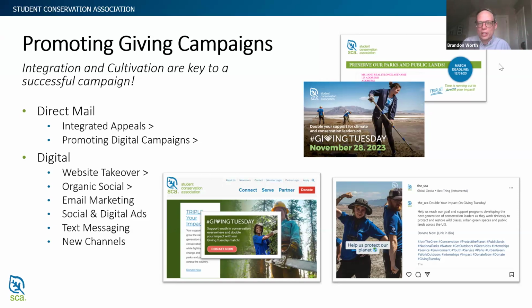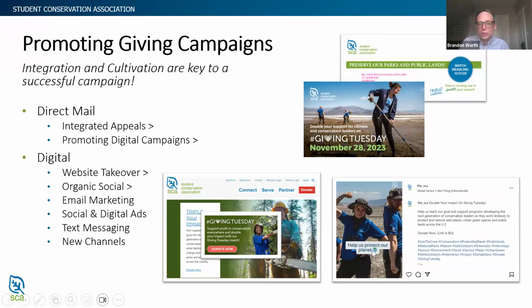We take a different approach at the SEA, and make sure that the messaging you're seeing in our direct mail, like the matching language on this outer envelope in the top right, echoes a lot of the messaging and goals of the campaign.